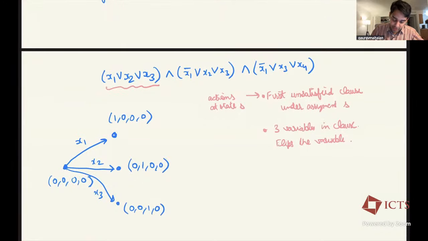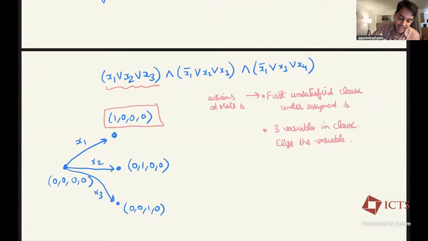Let's look at what actions are available under this, 1 and then all 0. First I find out what's the first unsatisfied clause under assignment S. In this case, the first clause is satisfied because X1 or X2 or X3, one of them is 1, so great. But the second one is unsatisfied.